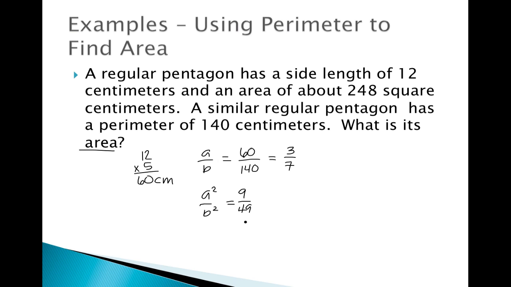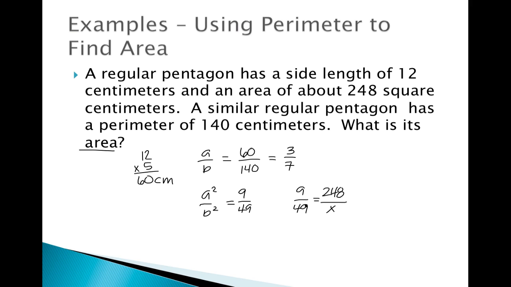We know our first regular pentagon has an area of about 248 square centimeters. Let's set up our ratio now. We have 9 over 49 equals 248 over the area of our similar pentagon, and that's what we're going to solve for.